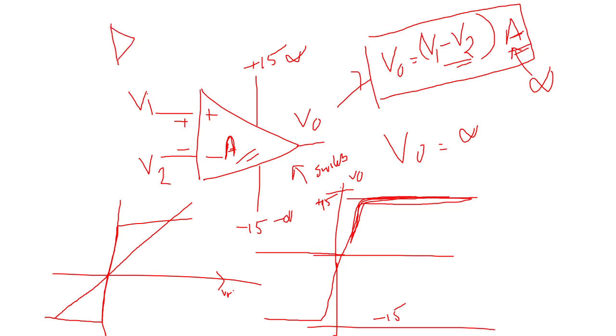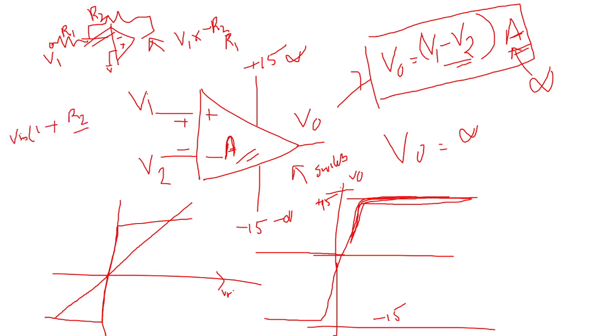In inverting and non-inverting, there will be feedback resistance, so there will be feedback that results in the particular gain we require. With R1 and R2, we can easily fix the gain, R2 by R1. In that case it's also linear: V1 into minus R2 by R1, or for the non-inverting case, V1 into 1 plus R2 by R1. So again that is linear, only linear.